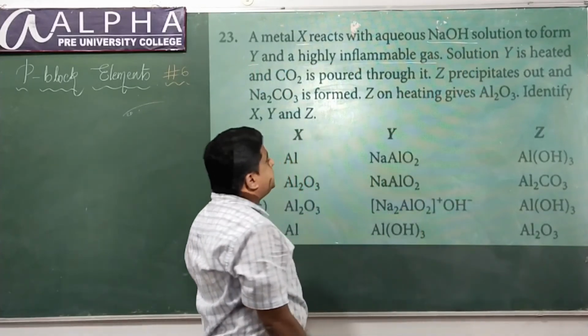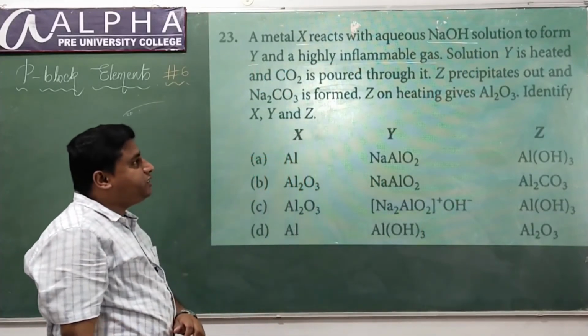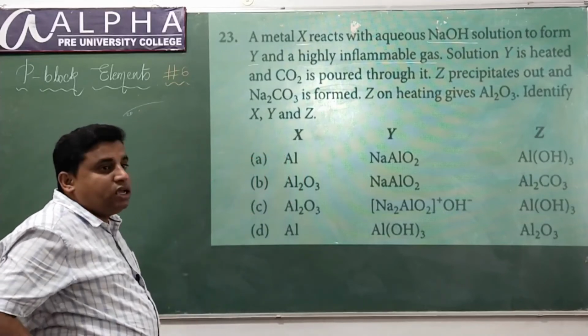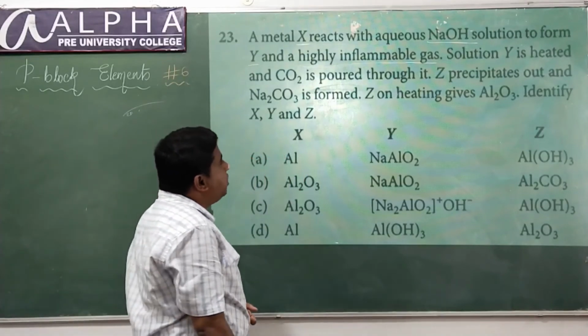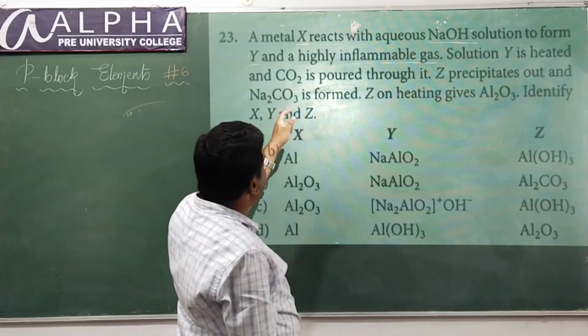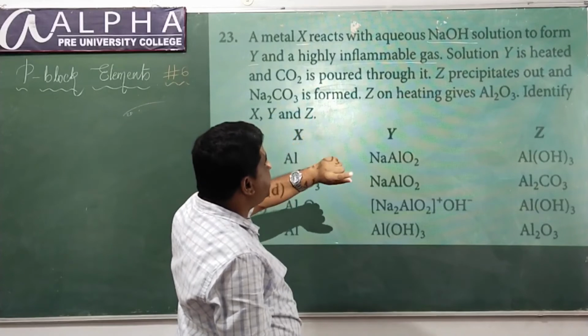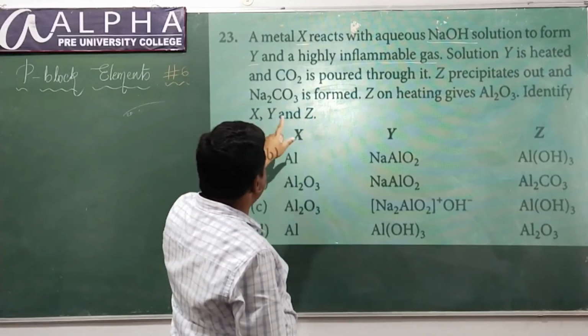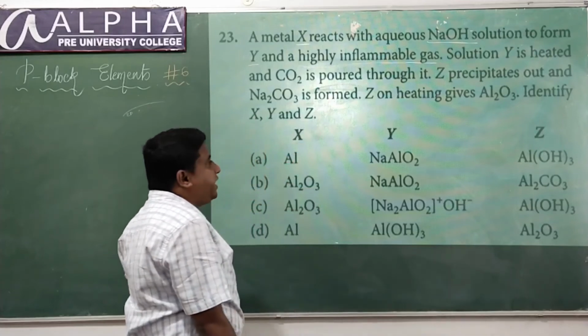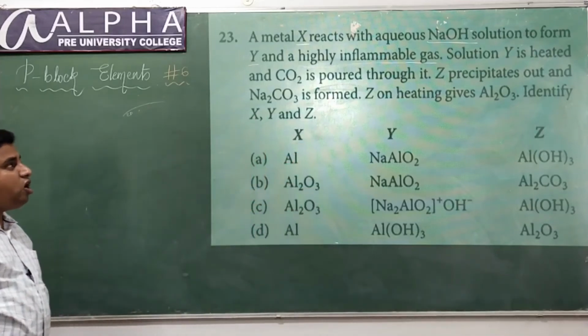Solution Y is heated. Carbon dioxide is poured through it. Z precipitates out, and Na2CO3 is formed. Z on heating gives Al2O3. Identify X, Y, and Z. A bit of a long question here.